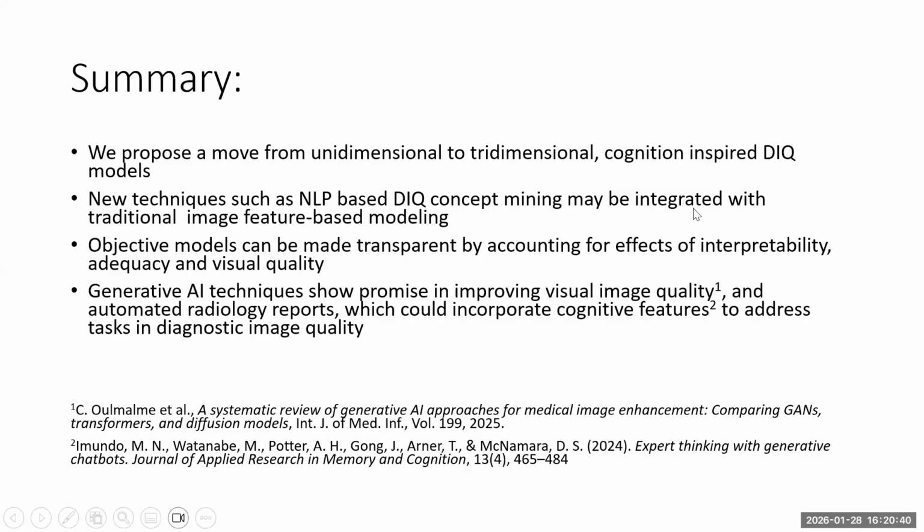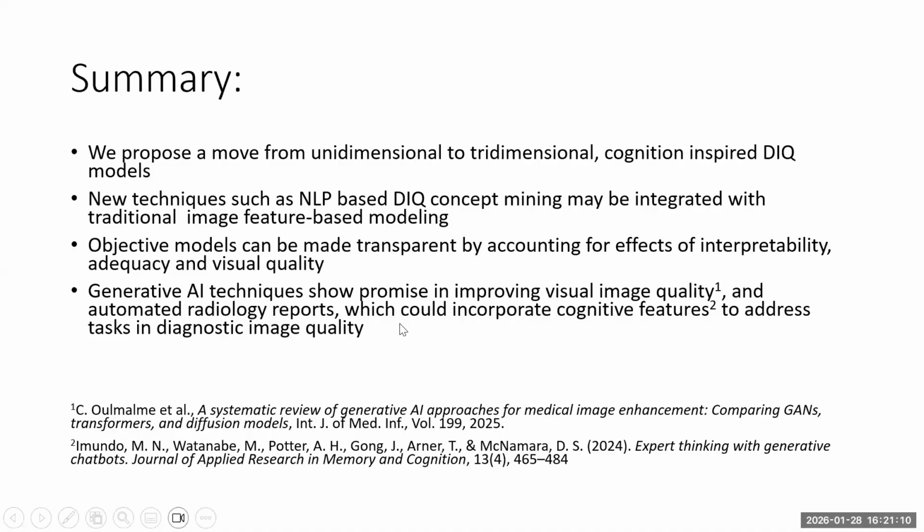It's an example of the kind of research that can be better informed from the point of view of the model of the task and how to make it more robust. Now, generative AI techniques show a lot of promise to improve visual quality, as I mentioned before. You could do image enhancement using GANs, for example.